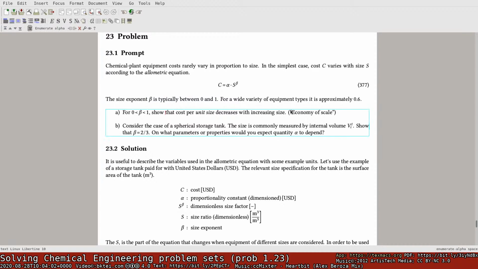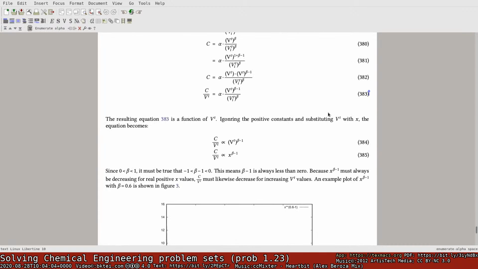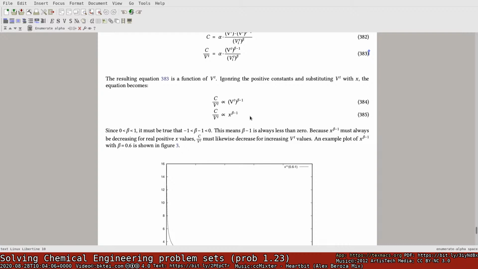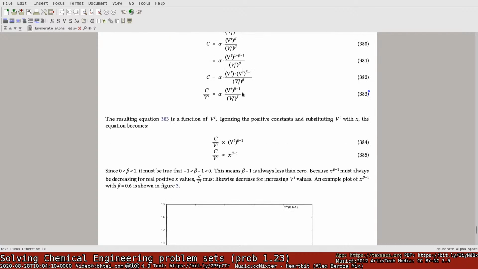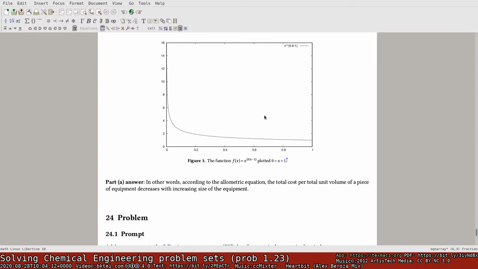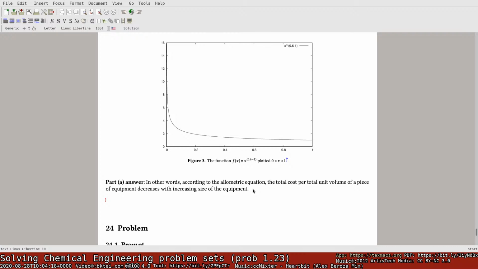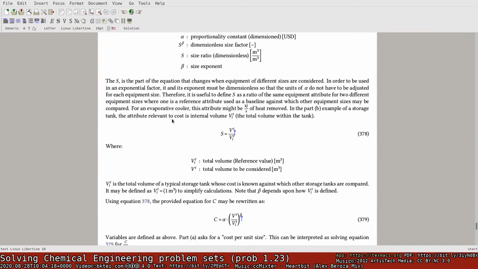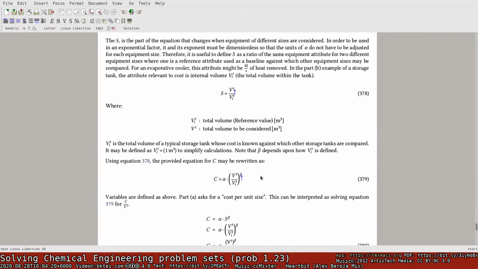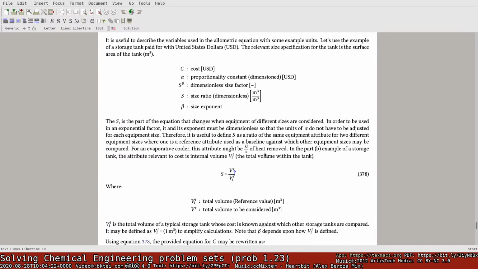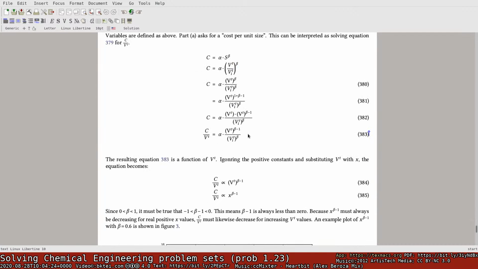But we're not considering that, so we've just kind of shown in the abstract the economy of scale, which is why it comes from that allometric equation. So super simple, I guess. But hopefully this video shows the reasoning behind this solution.